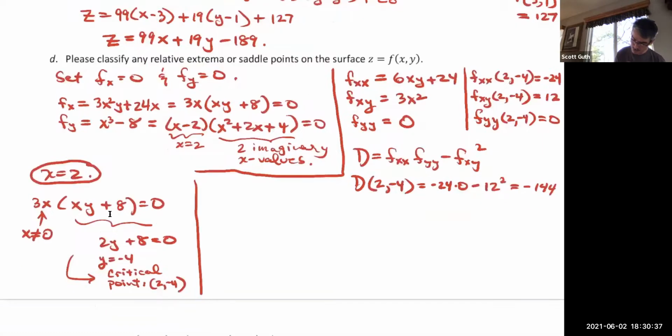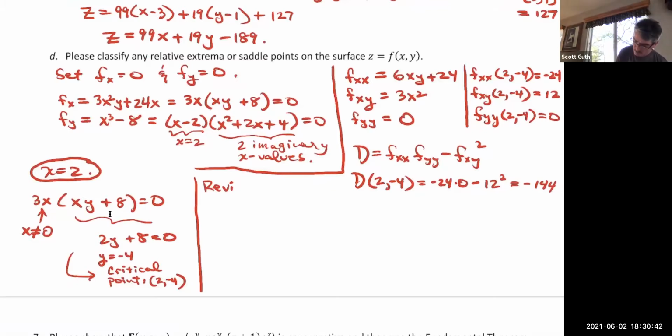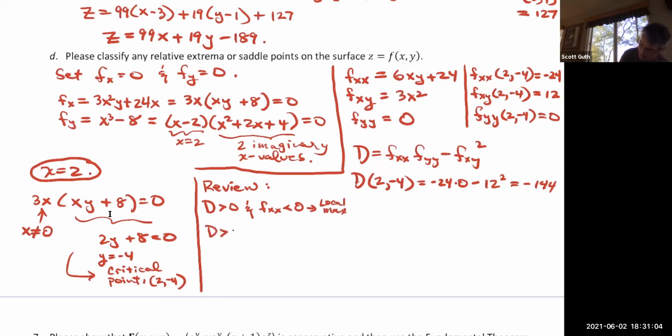Okay, and just as a review, if D is positive and fxx is negative, that's a local max. Okay, if D is positive and fxx is positive, that's a local min.